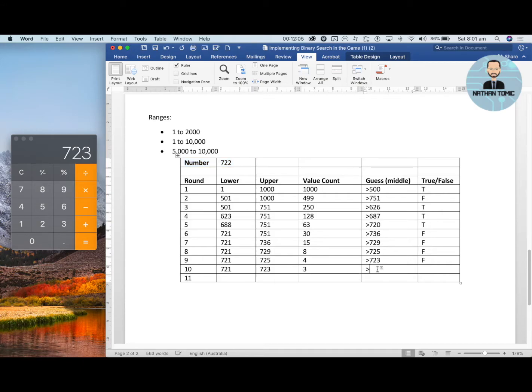So I'm still going to say, is it greater than 722? Okay, and the person would say false. It's not greater than 722. So now I have a situation where I'm saying it has to be between 721 and 722. Because it's not greater than 722, but I still had 721 as my lowest possible number.